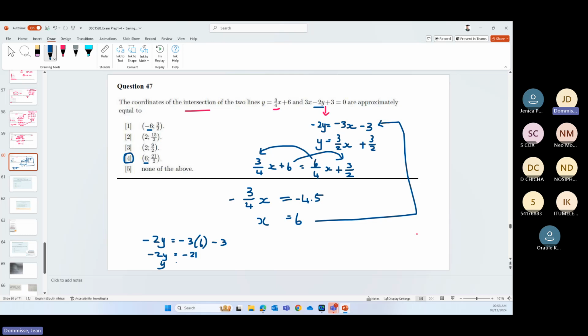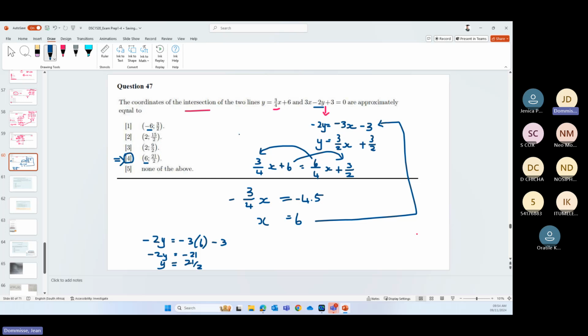So y is equal to 21 over 2, which is option 4. Okay, so again, we could have put it into this one, but then I need to work with fractions from the start. I don't want to do that. We could have put it back into this one, but then again, we need to work with fractions from the start. So if you're happy to work with the fractions, by all means do it.